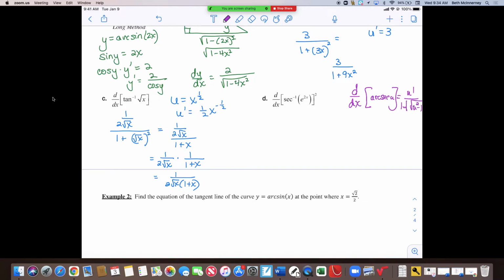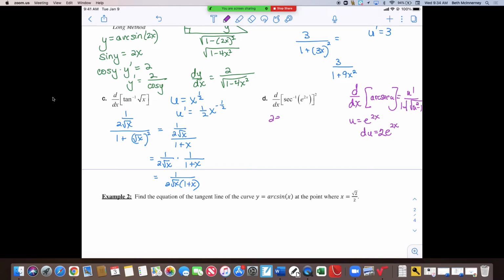All right, so here's your formula. It's u prime over absolute value of u, square root u squared minus 1. So u is e to the 2x. So du is e to the 2x times the derivative of that, so that's 2e to the 2x.